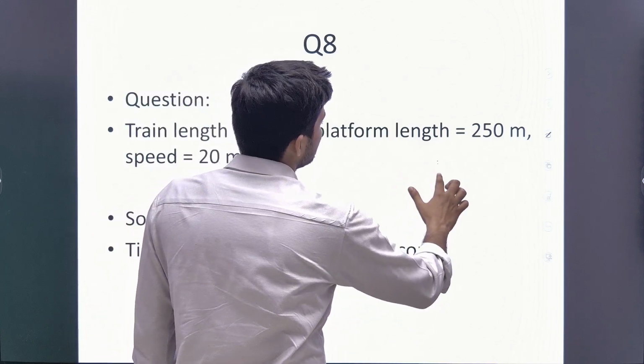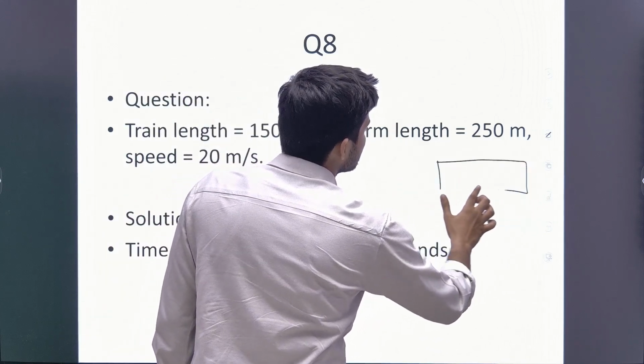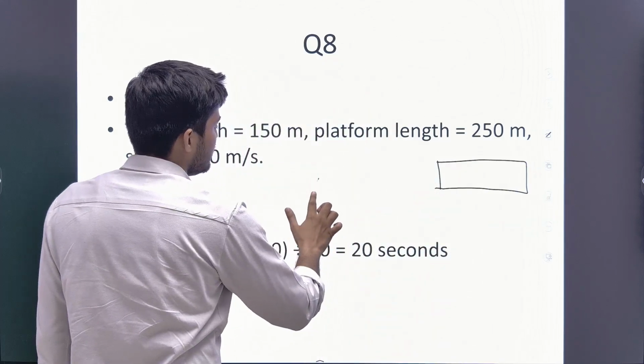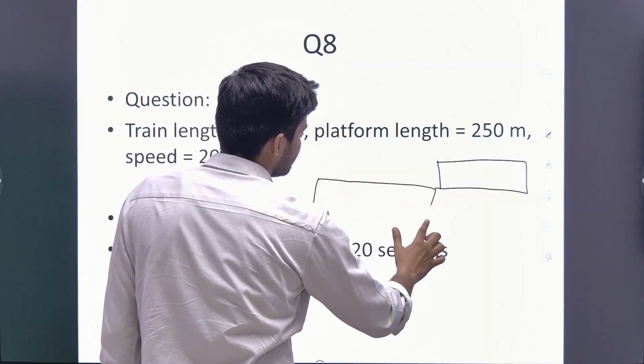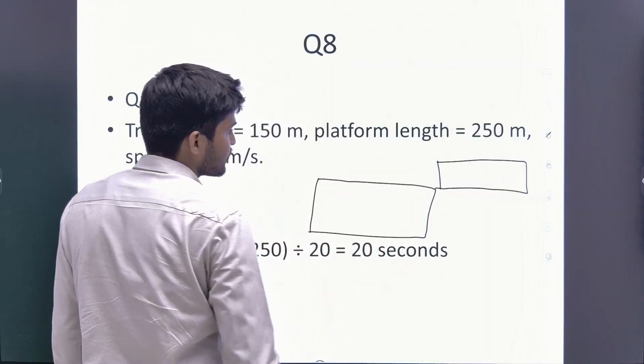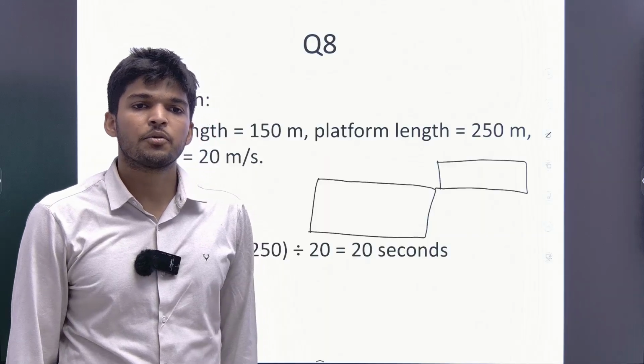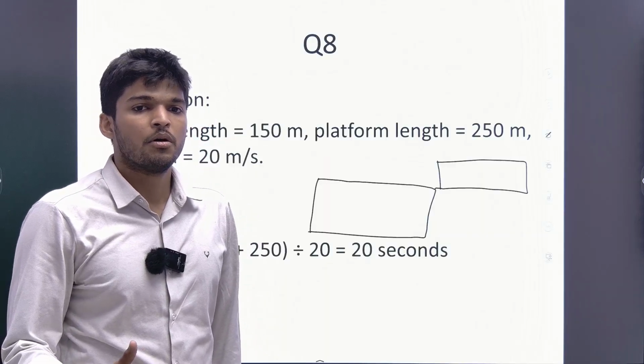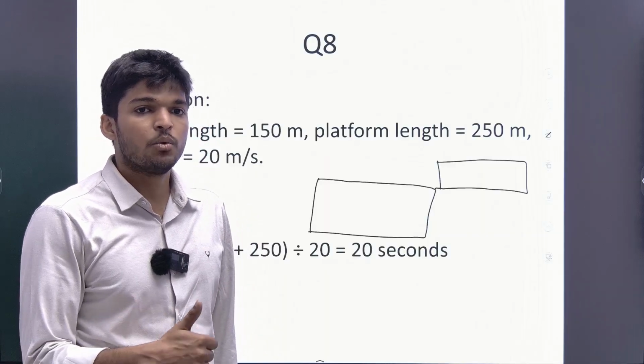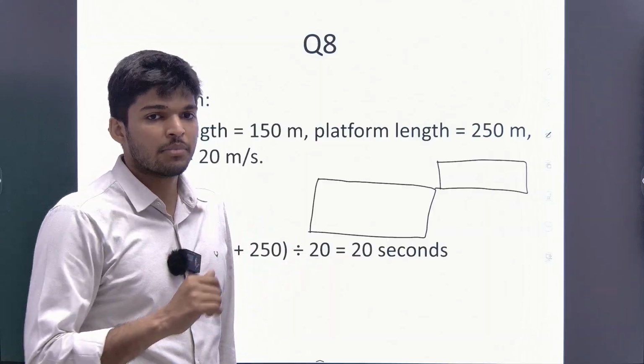For example, this is a train and this is a platform. Here we have been told that we have to calculate the time which the train will take to cross that platform.